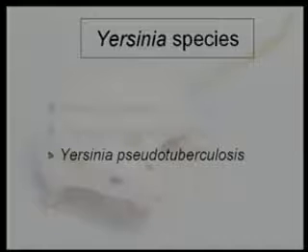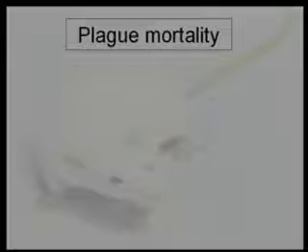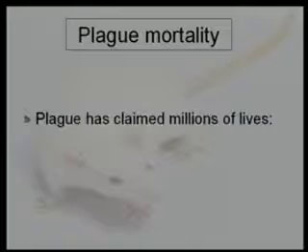In cold countries, Norway, Sweden, Scandinavian countries, the organism survives at the cold temperature. And pseudotuberculosis is a related organism that causes minor health problems. I'm going to spend most of the time with Yersinia pestis because that is the most serious infective agent.